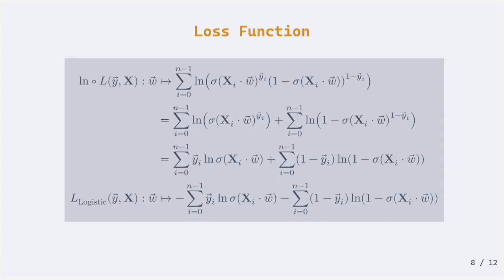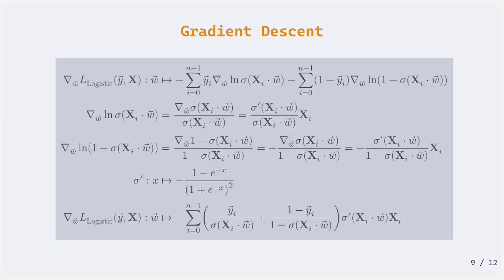The first one is all the logarithm of the logistic of our input where y is 1, and the logarithm of 1 minus the logistic of our input for all y equals 0. And you take the negative of that because it's loss and we're trying to minimize it.